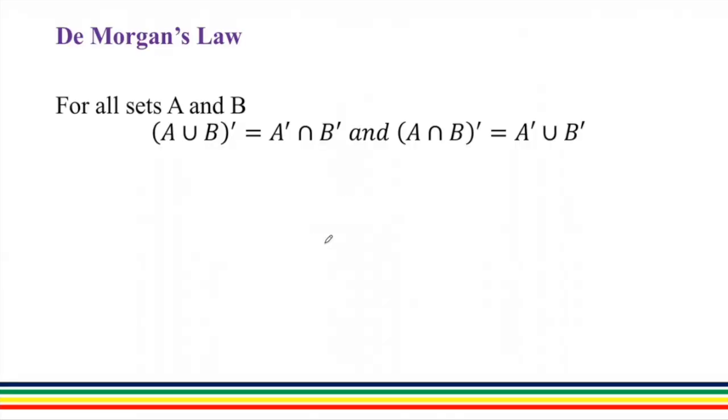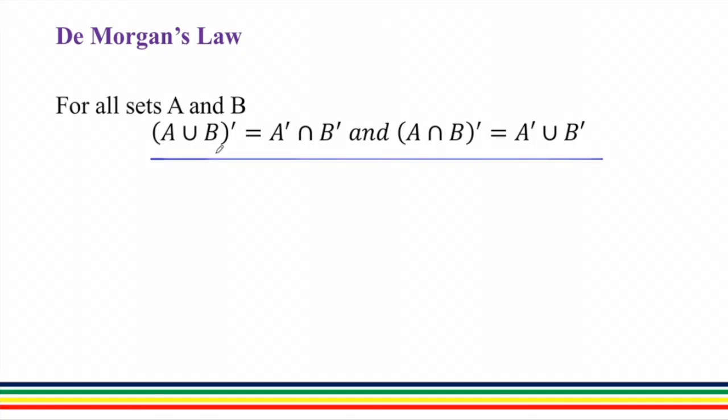De Morgan's law. For all sets A and B, the complement of A union B is equivalent to A complement intersection B complement, and the complement of A intersection B is equivalent to A complement union B complement. So this is De Morgan's law.